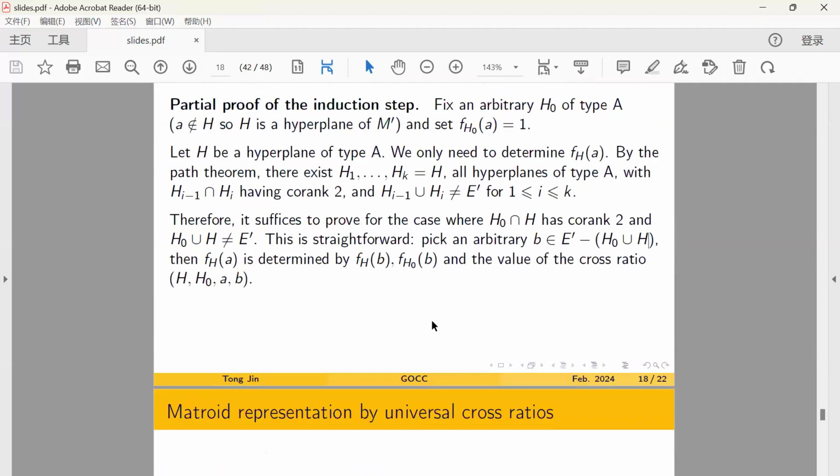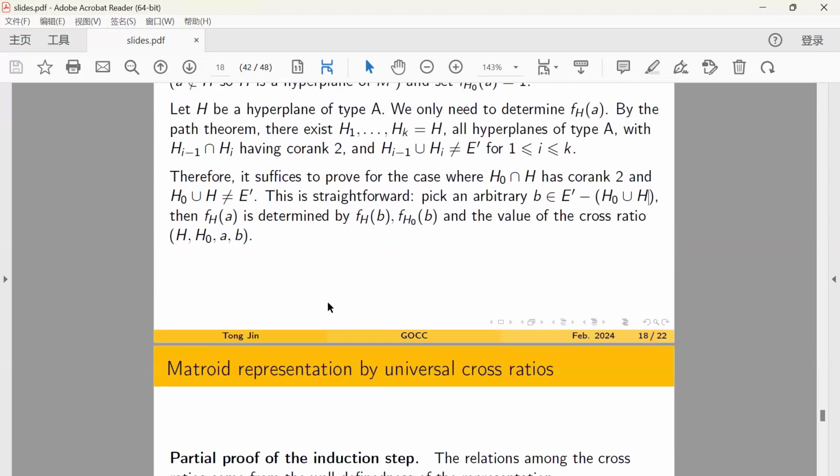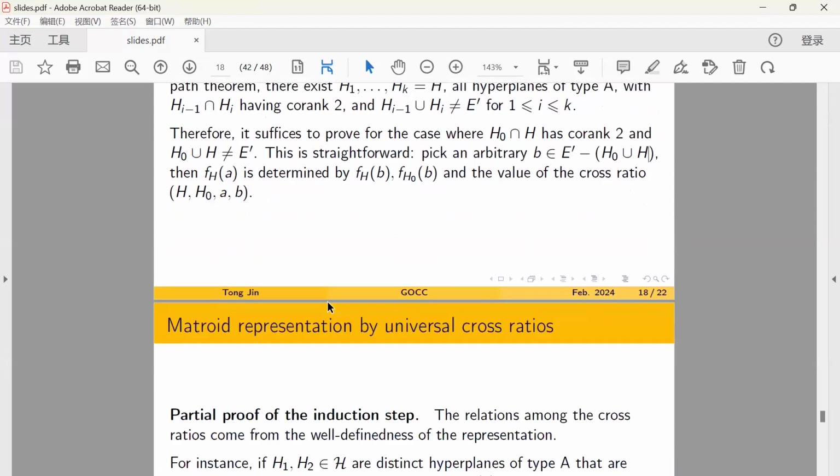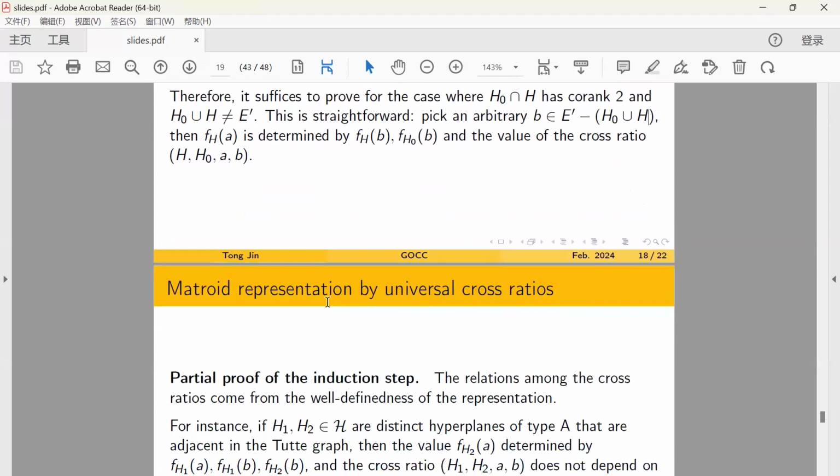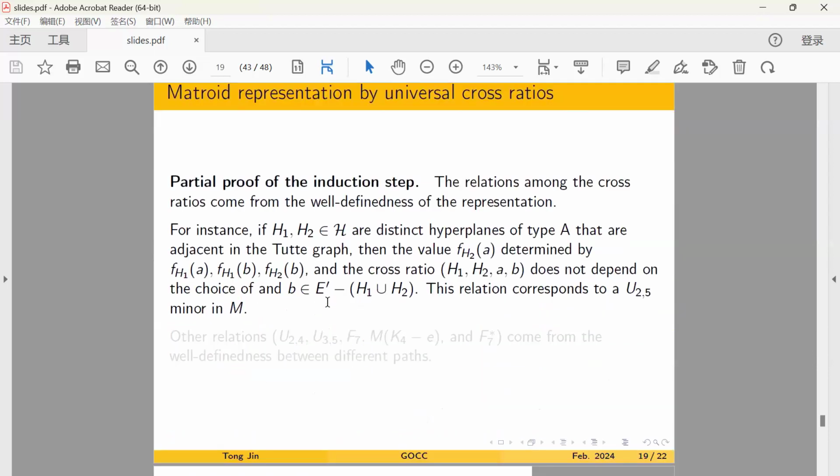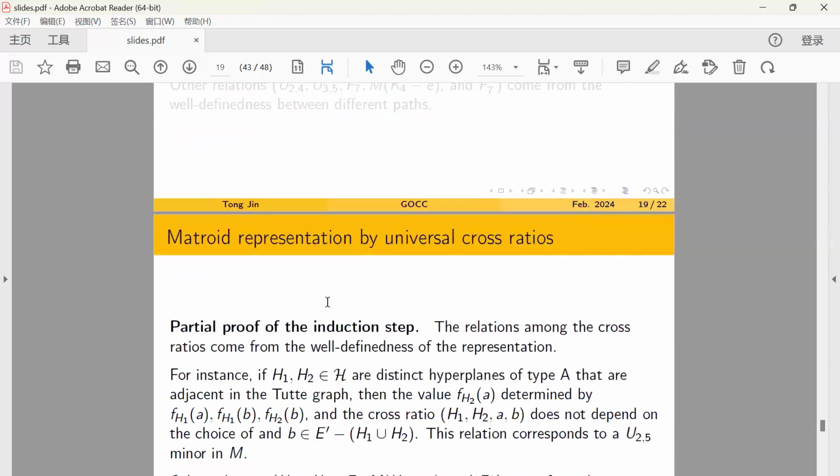And the other thing we need to worry about is the path. So once we pick 2 different paths in the type graph, we do get a cycle in the type graph. And by the homotopy theorem, we can decompose the cycle into smaller elementary cycles. And if you analyze the condition of those vertices on the cycles, we can actually see a few smaller minors in the matroid.